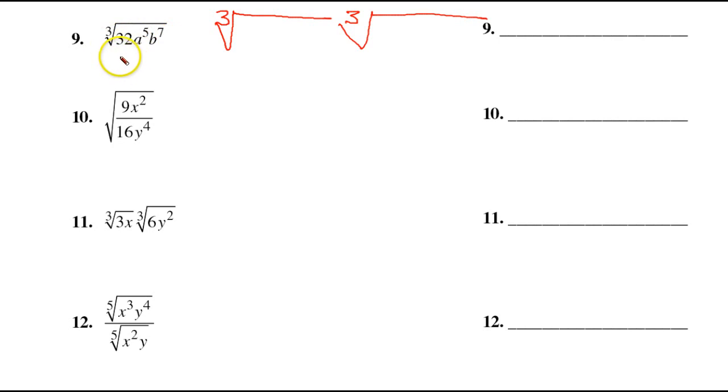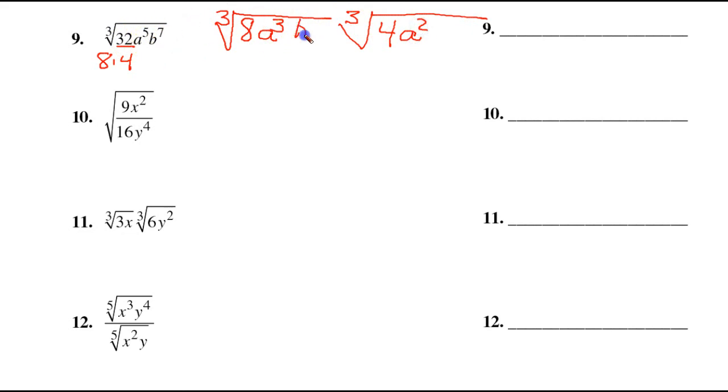Well, we have 32 is 8 times 4, and 8 is a perfect cube, so we put the 8 there and the 4 there. And then a to the third is a perfect cube, and what's left over is a to the second.